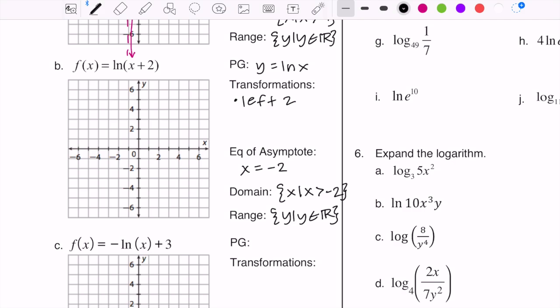Then we make our table. Again, for our table, we are putting those standard 5 inputs in the y, and we're converting our parent graph into exponential form, which would be e to the y equals x. So that's going to be 0.1, 0.41, 2.7, and 7.4. Plot those points first, and then we're going to move everything left 2.